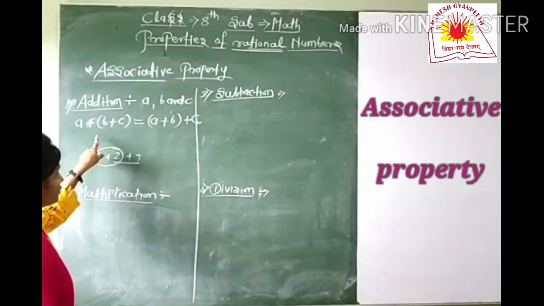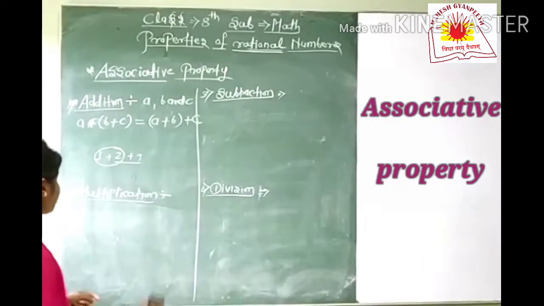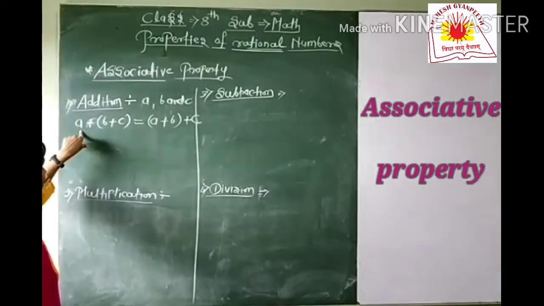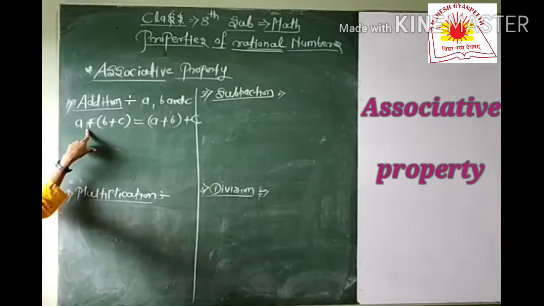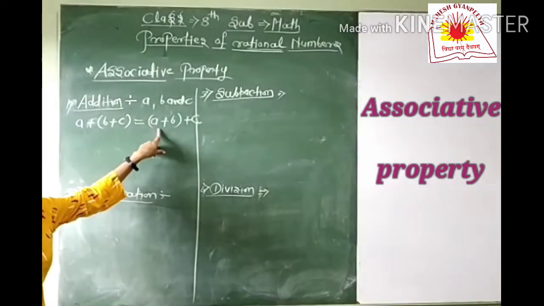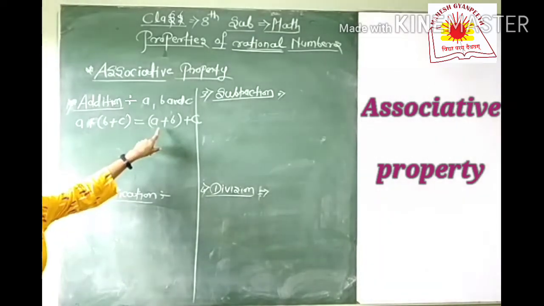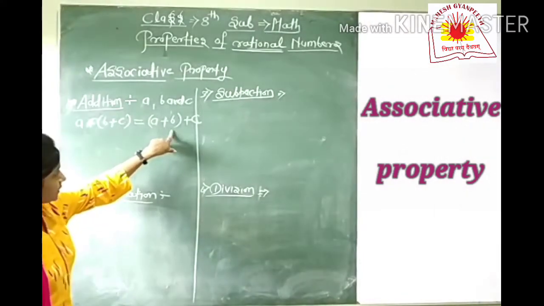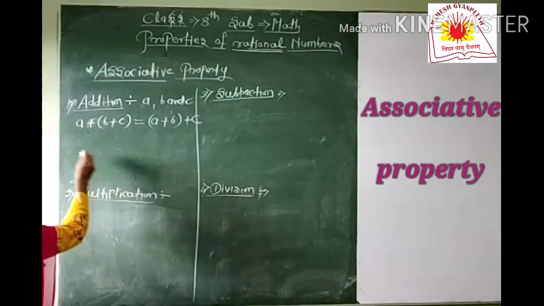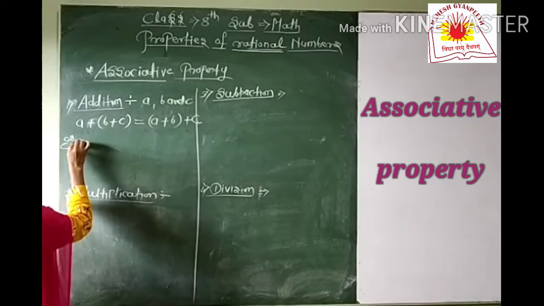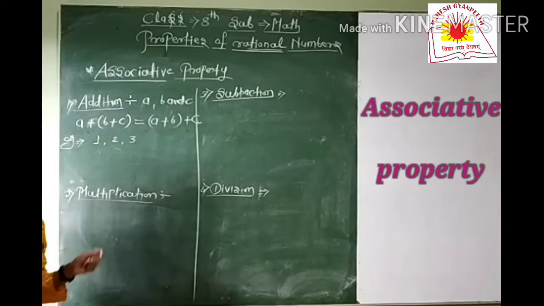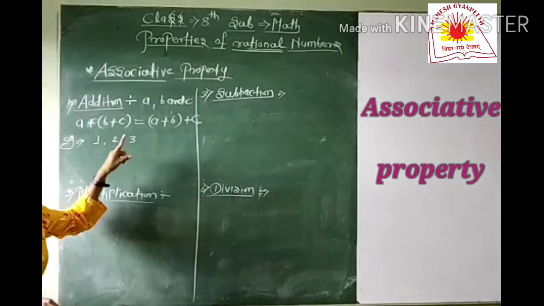So we have to check here: A, B, C are rational numbers. Then what is the property of addition? Associative property of addition: A plus in bracket B plus C is equal to, after changing the group, in bracket A plus B, plus C. Now I will take a simple example. 1, 2 and 3 are three rational numbers.